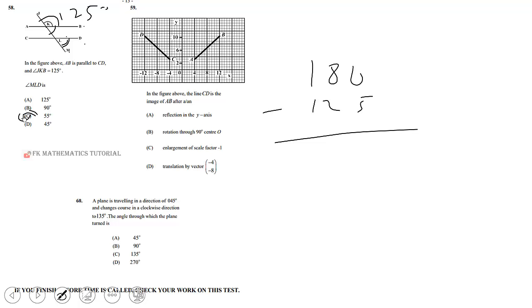Now let's look at question number 59. In the figure above, the line CD is the image of AB after, so this is after a reflection in the y-axis, because the distance from A to the y-axis is the same as the distance from C to the y-axis.